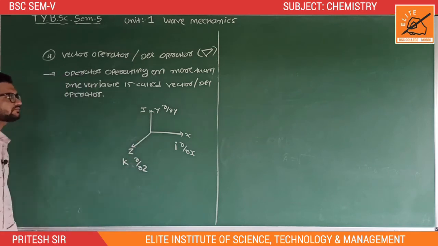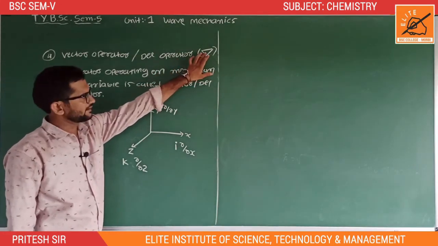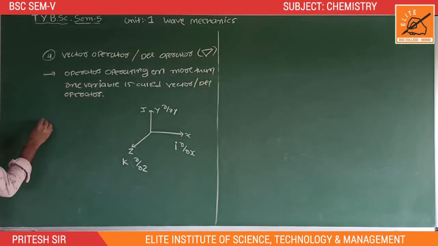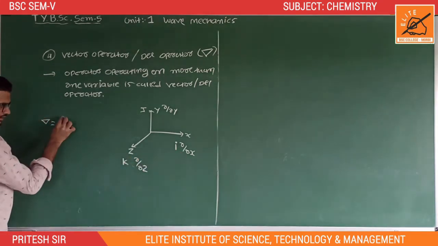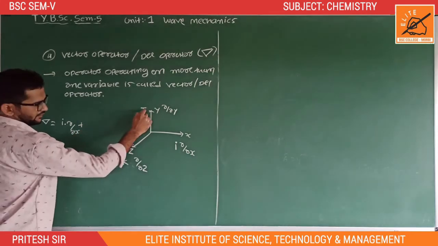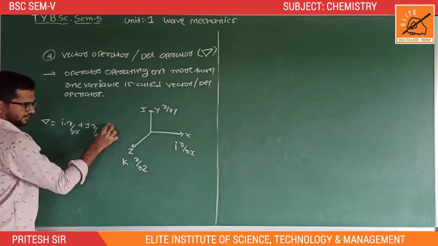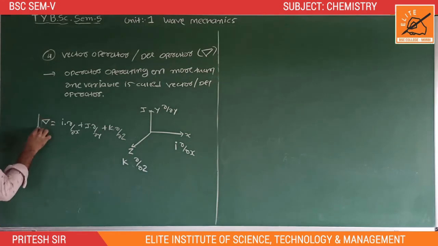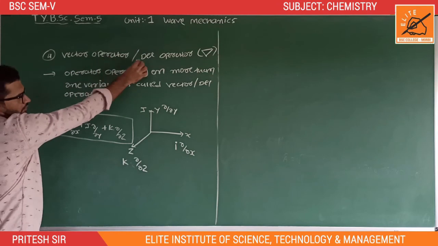The inverted triangle is known as del. So the value of del is equal to i into del by del x plus j into del by del y and k into del by del z. Okay, so this is the basic mathematical expression of the vector operator or del operator.